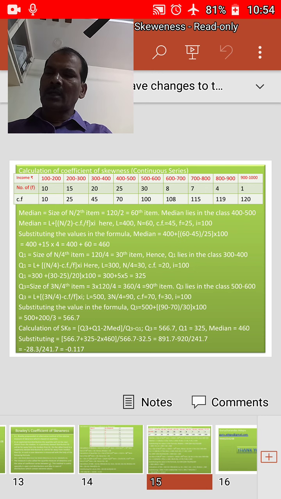Hence 891.7 minus 920 is equal to minus 28.3 by 241.7, which is equal to minus 0.117.